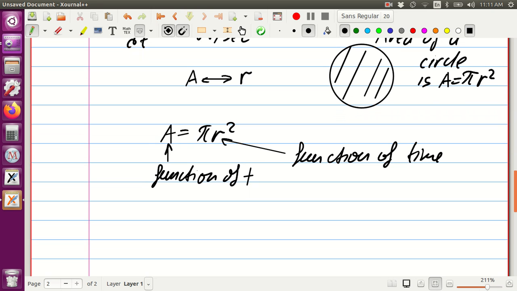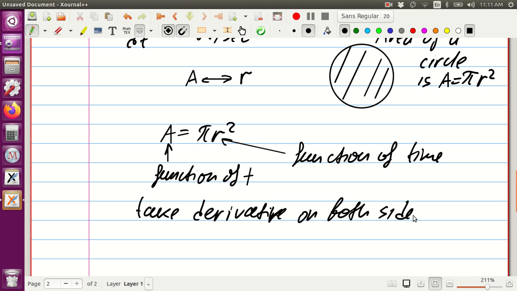So what we're going to do, we're going to take the derivative on both sides with respect to time.